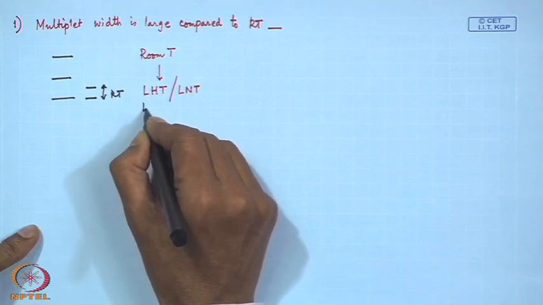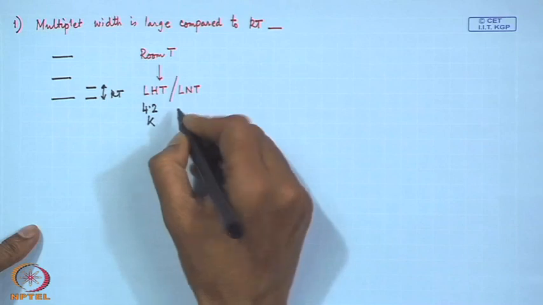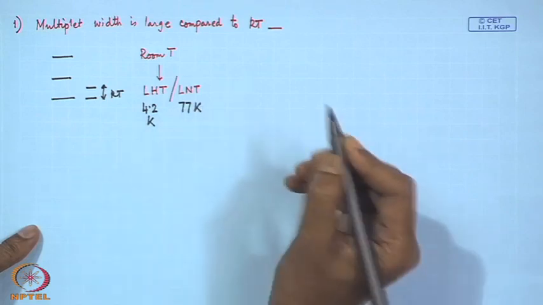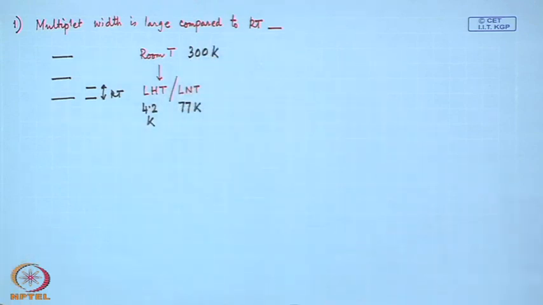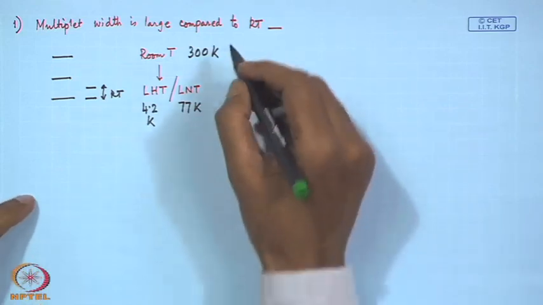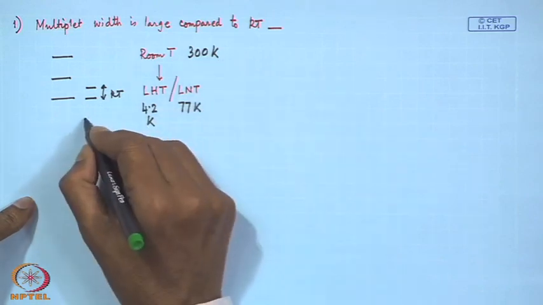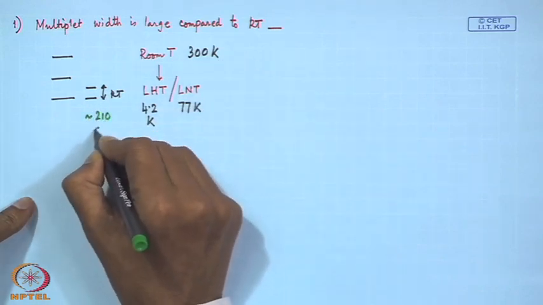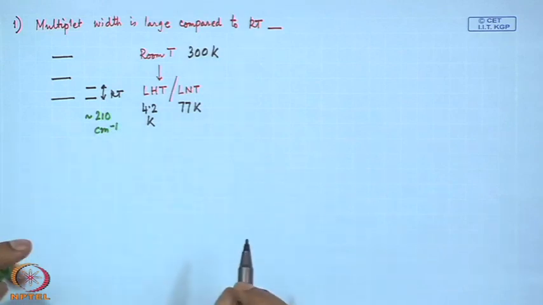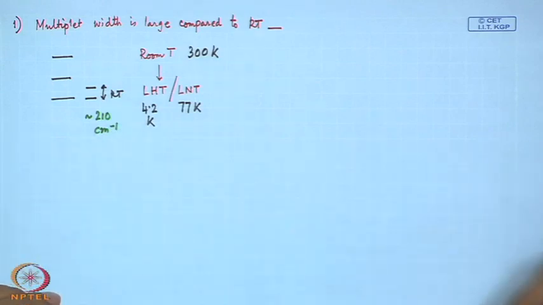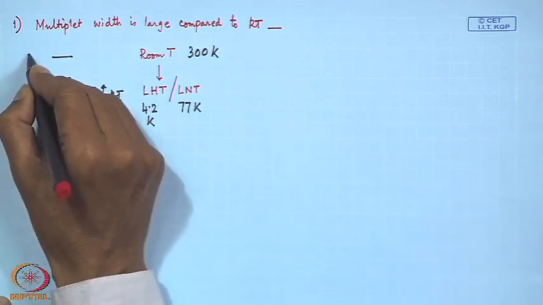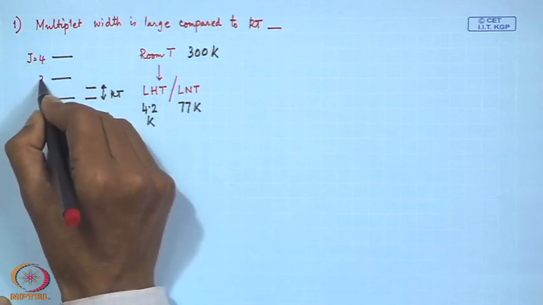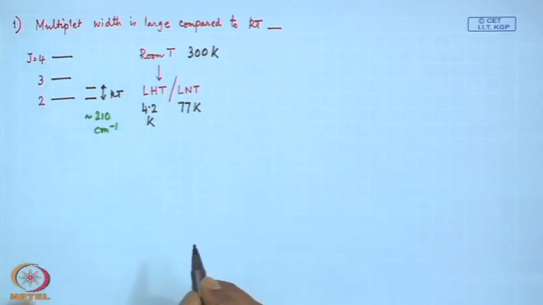Liquid helium temperature is around 4.2 Kelvin, and liquid nitrogen is 77 Kelvin, down from 300 Kelvin, which is room temperature. For the available temperature on the Kelvin scale, your kT value is close to 210 centimeter inverse. So, the multiplet width for the different J values, J equal to 4, 3 or 2, is large.